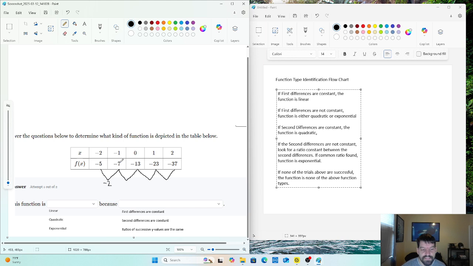The difference of -7 and -13 is -6. The difference of -13 and -23 is -10. And the difference of -23 and -37 is -14. So these are the calculated first differences. I'll actually put these in red so we can highlight them.